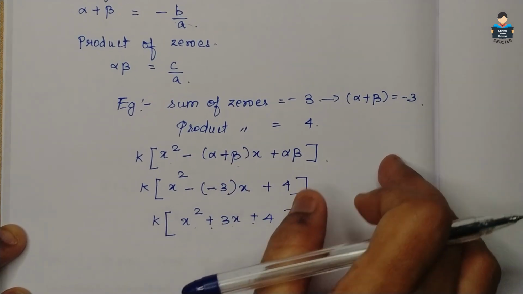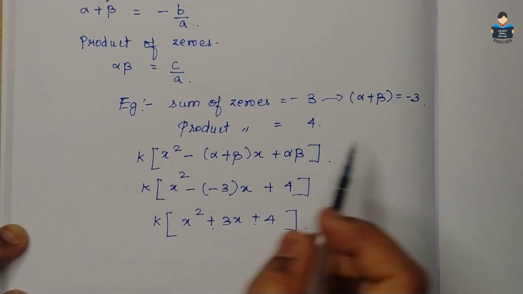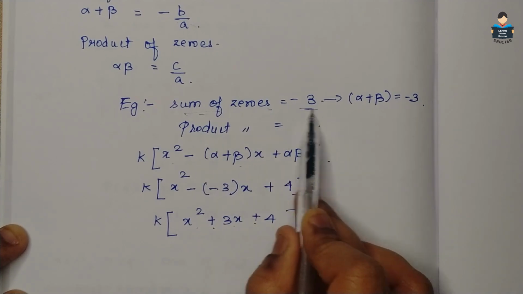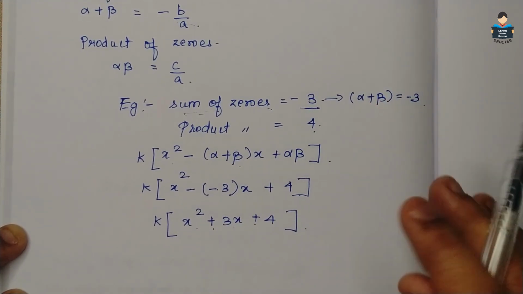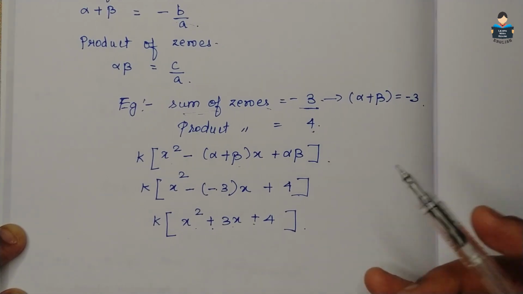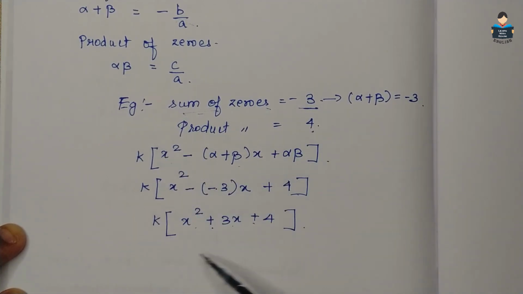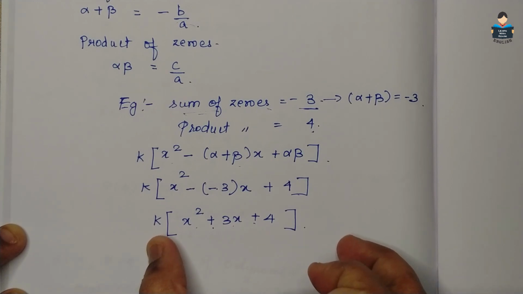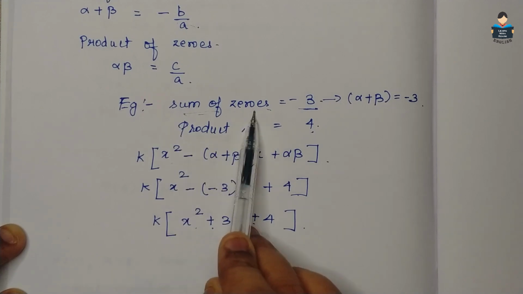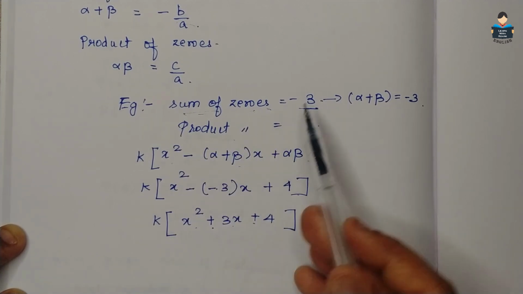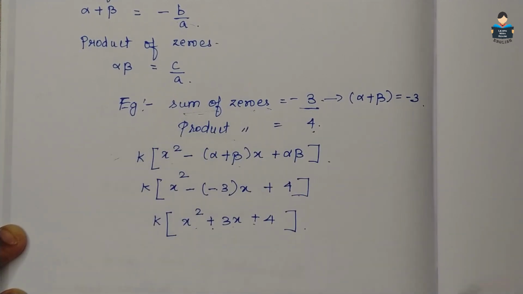These are the sum of the zeros and the product of the zeros. If they have given only the zeros and they ask us to find the quadratic polynomial, we first have to find the sum of the zeros and the product of the zeros, and then apply them in this condition.